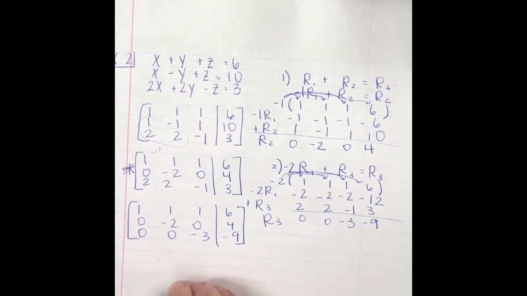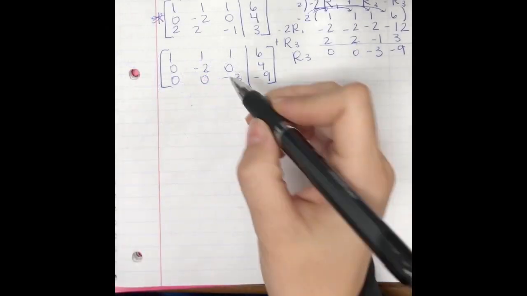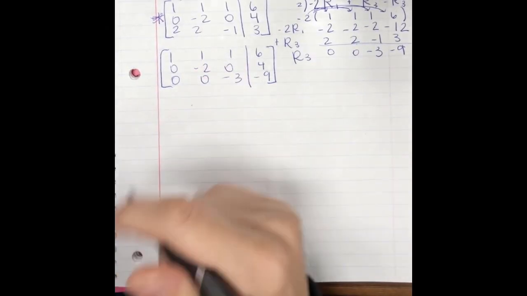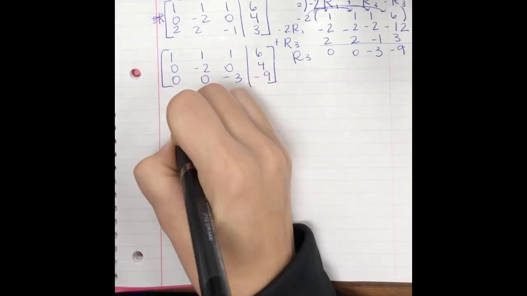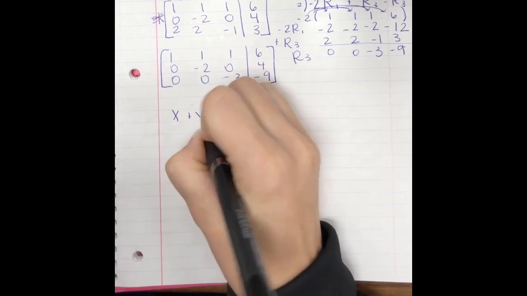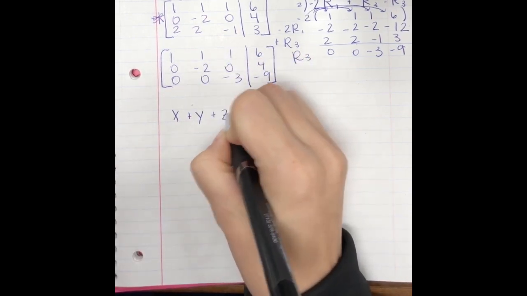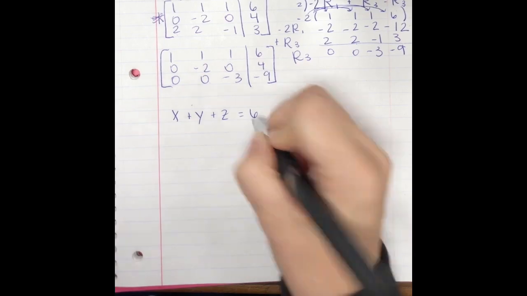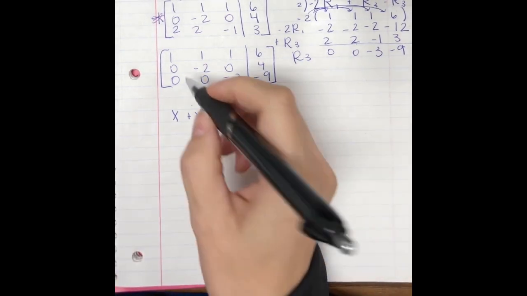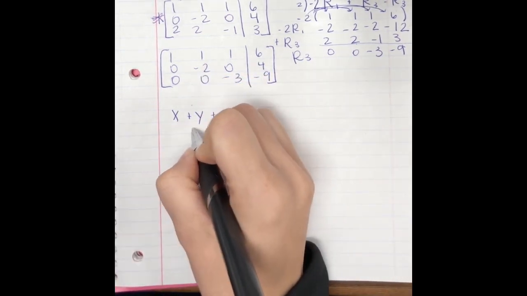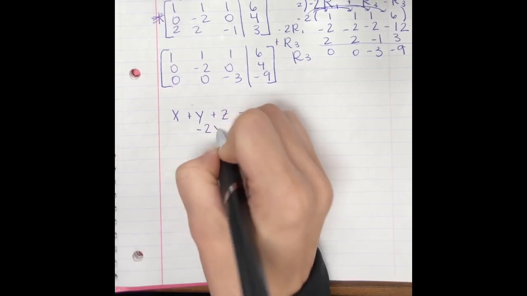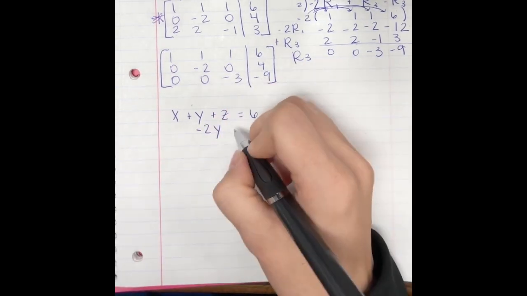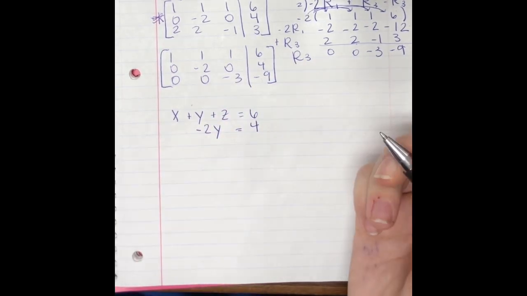Okay, so to put this into equations, I have 1x, I have 1y, I have 1z, and I have it equaling 6. For the next row, no x's, I have -2 y's. I actually don't have any z's, and it equals 4.